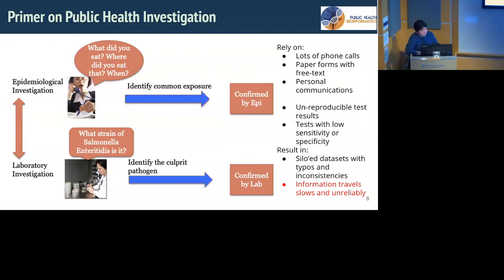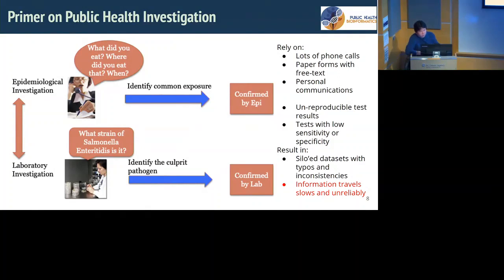However, this process relies on a lot of phone calls, a lot of paper forms, which often contain free text, a lot of personal communications by email, attachment of Excel files, and so on. So it's really not very efficient or tractable. On the laboratory side, a lot of the tests are unreproducible.